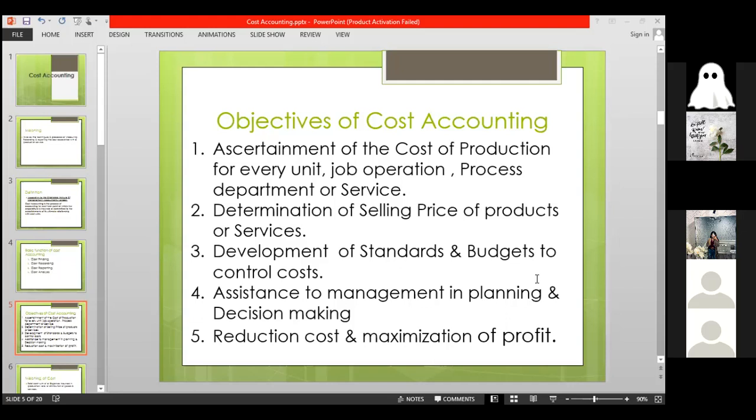So what are the objectives of cost accounting? First is the ascertainment of the cost of production for every unit, job, operation, process, department, or service. Sometimes you will have to determine the cost of production of a particular unit. Let's say somebody is a soap manufacturer. Soap is a really small thing in business, right?